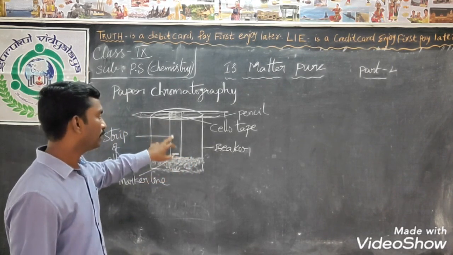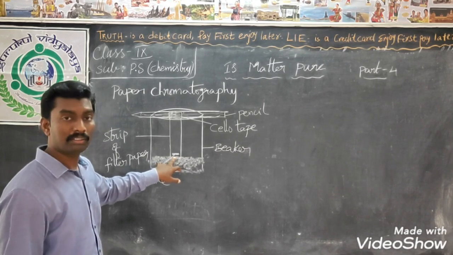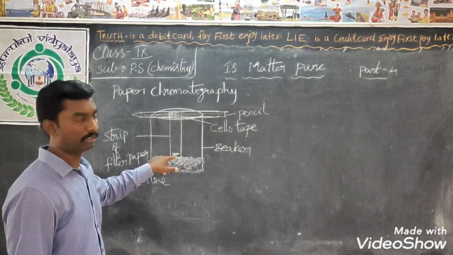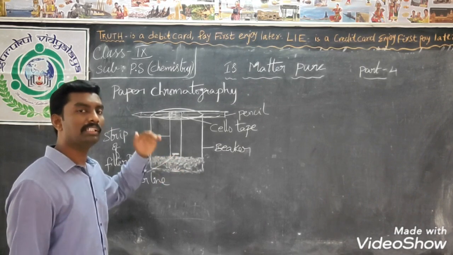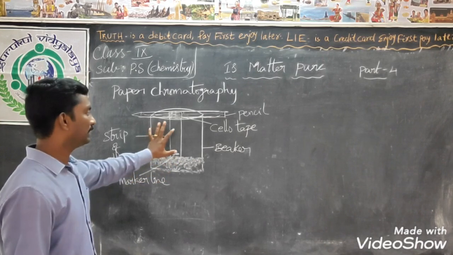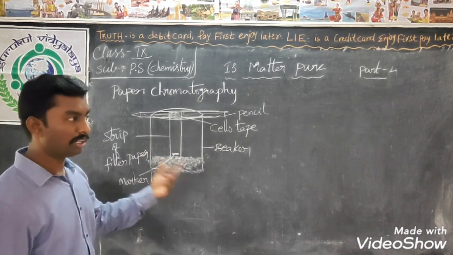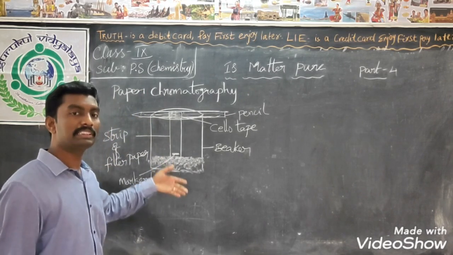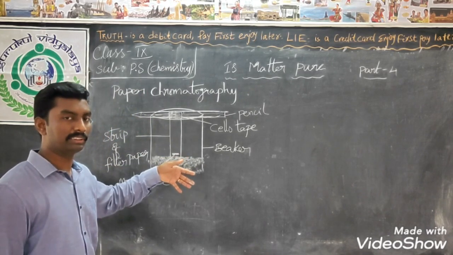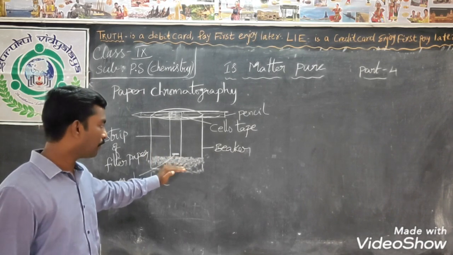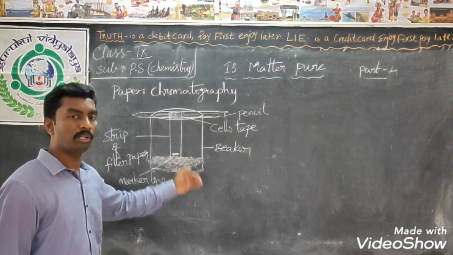We draw one line on the paper strip using the marker, so the water should not touch the marker line. This is the filter paper strip. What will happen after some time? The end of the filter paper that is dipped into the water will slowly absorb the water.